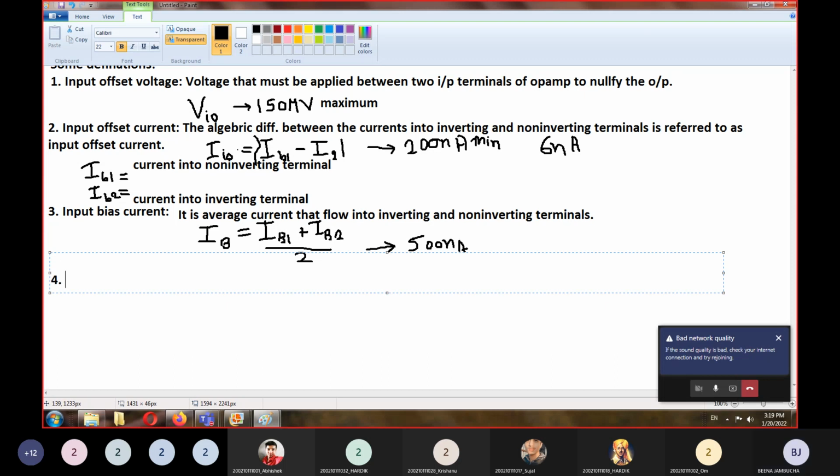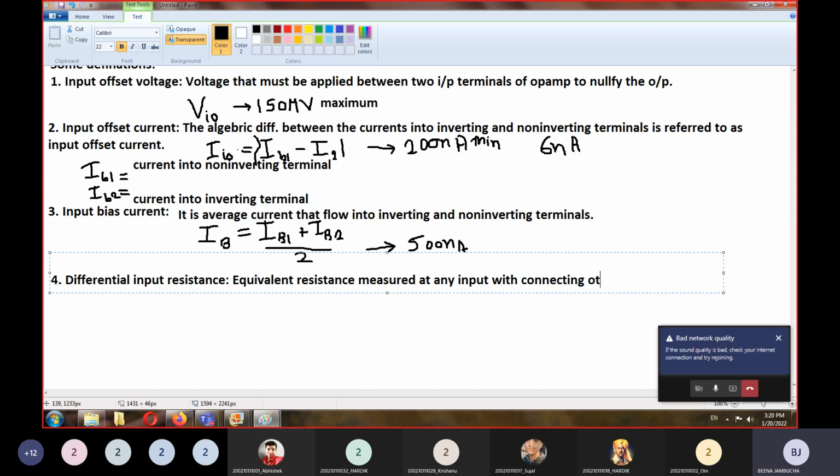Next parameter is differential input resistance. It is the equivalent resistance measured at any input with connecting the other terminal to 0 or ground.